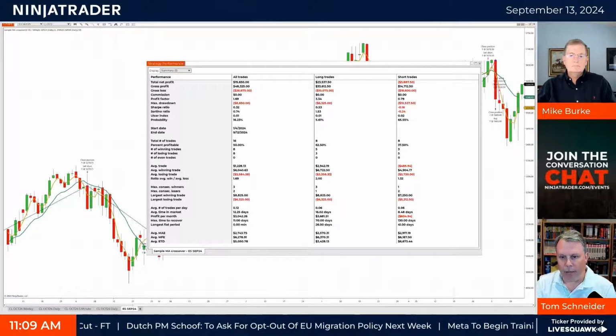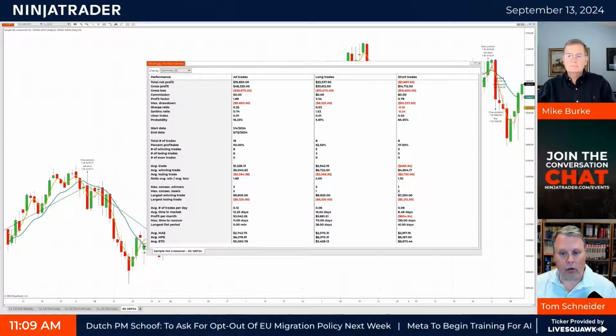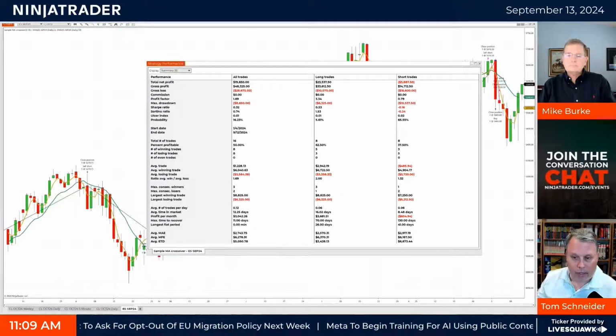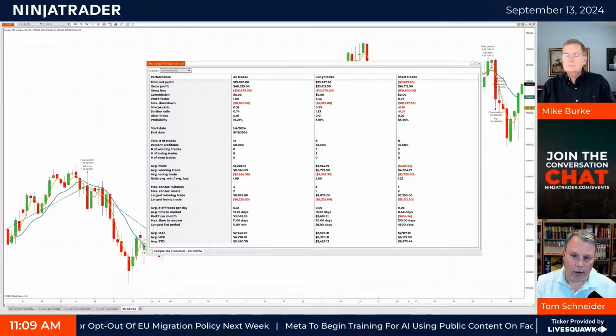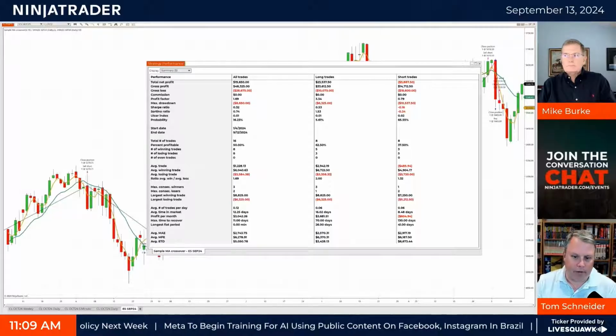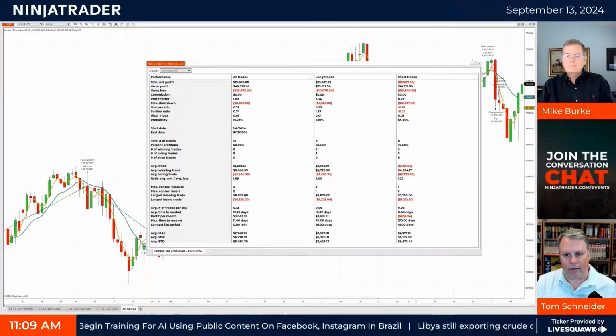In this case, I think we go back to the beginning of this year, but you could certainly test different date ranges, which is, I think, a really key part of getting into the weeds with strategy testing, because the whole idea is we just don't want to test a little slice of the pie and then assume that this is the best strategy ever and let's go forward. You want to do different slices of the time history that you have and test that.